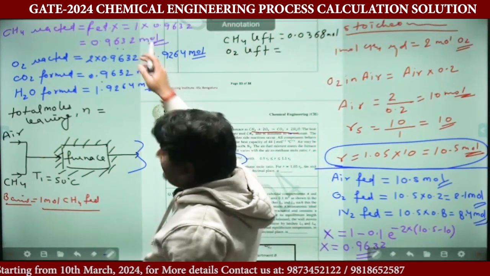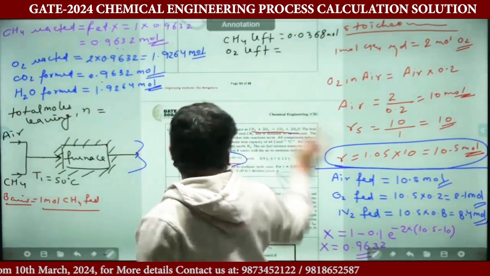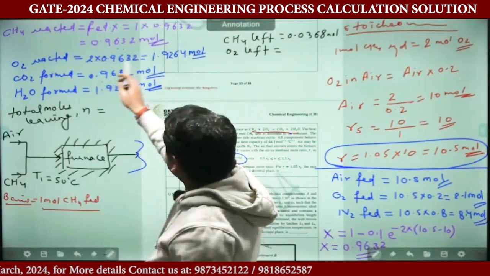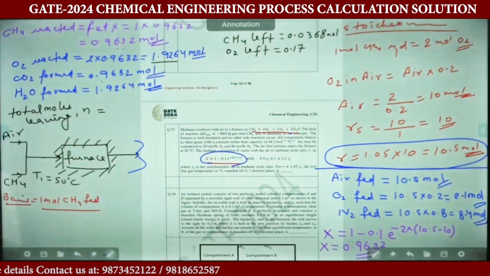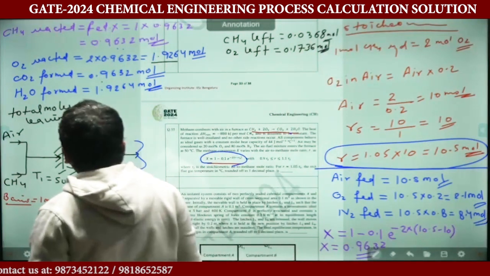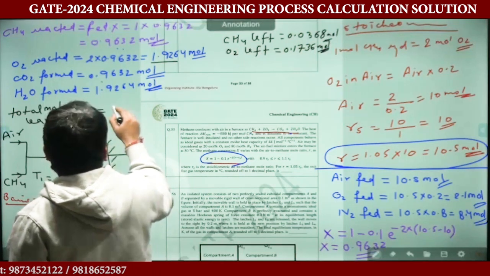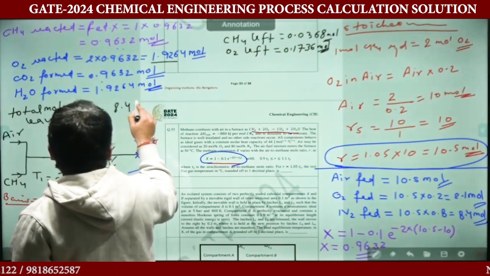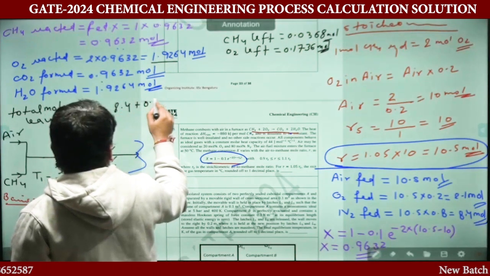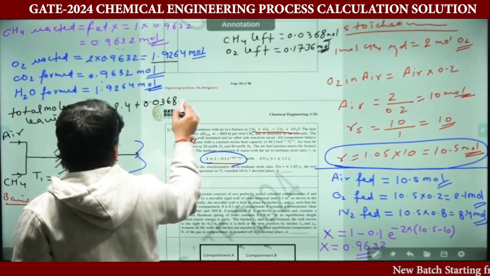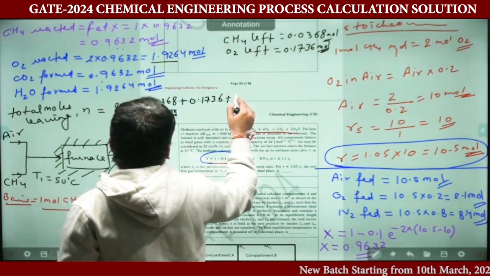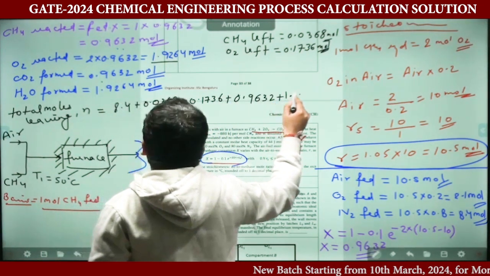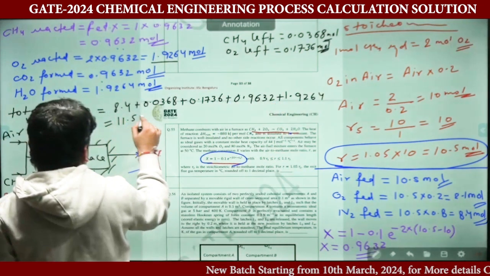Oxygen remaining will be fed minus reacted, that is 2.1 minus this, equal to 0.1736 mole. So final moles leaving will be nitrogen leaving, CH4 remaining, oxygen remaining, CO2 formed, H2O formed, that is 11.5 mole.